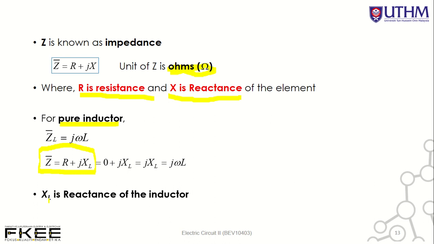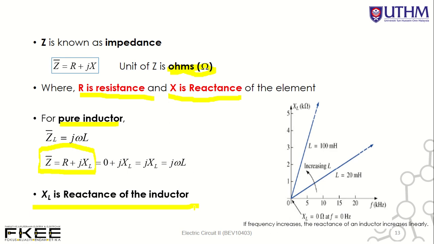We call XL the reactance of the inductor. This is the relationship between XL and frequency, because omega equal to 2 pi f. When frequency increases, XL also increases according to the frequency.